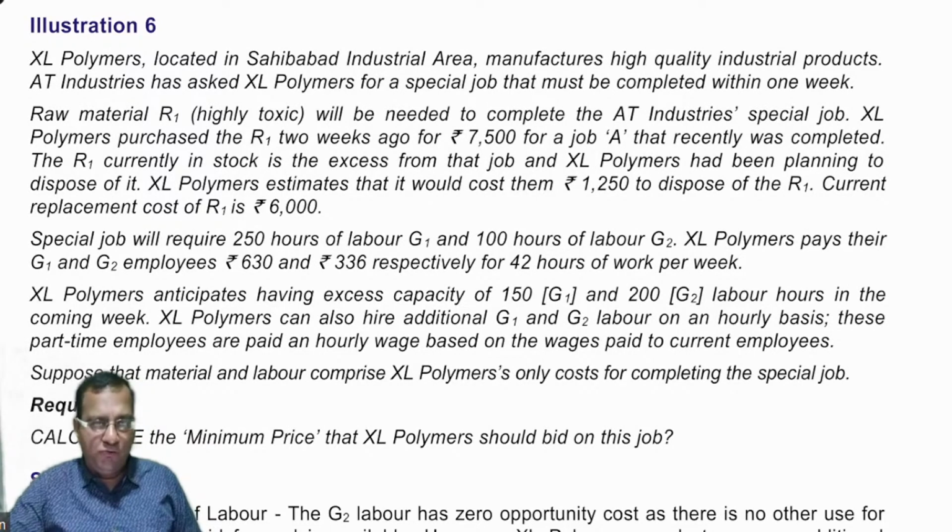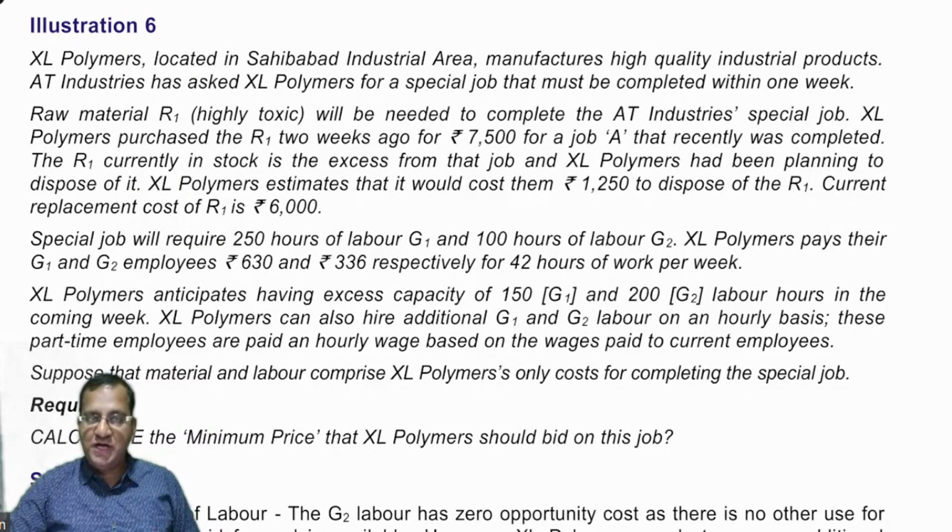Can you please recall, without referring to the study material or the notes, what are those two conditions that make a cost a relevant cost? What are those two conditions? Just try to recall on your own.